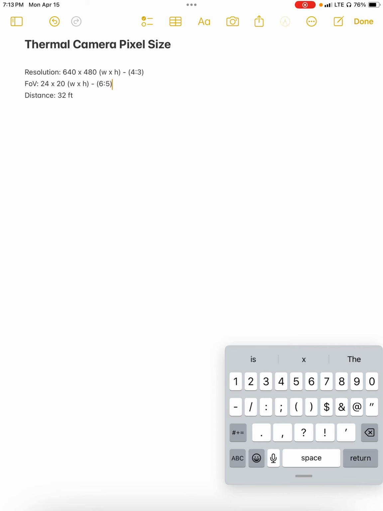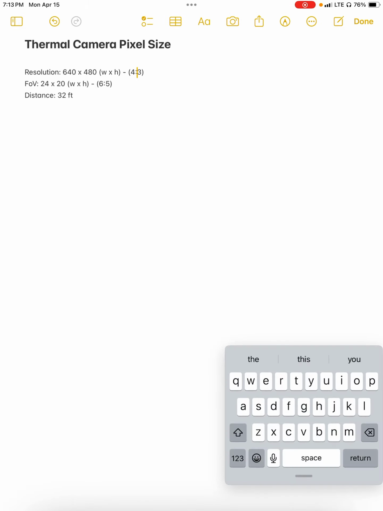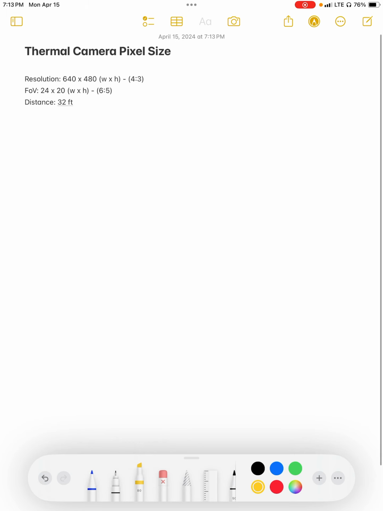Because these two aspect ratios, 4:3 and 6:5, are not the same, we will not have square pixels. The pixels will actually be rectangular. That will play a part later on when we decide the smallest feature, fault, or damage area that we're able to effectively examine at 32 feet of distance.